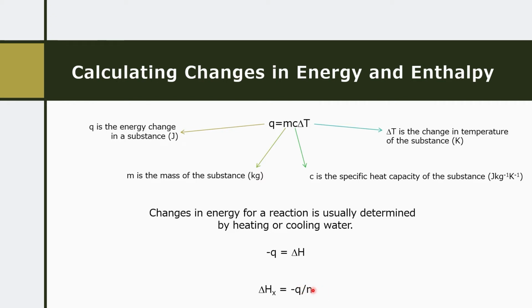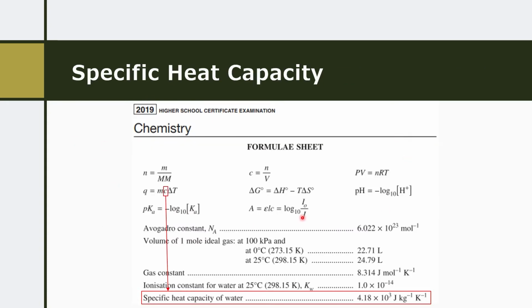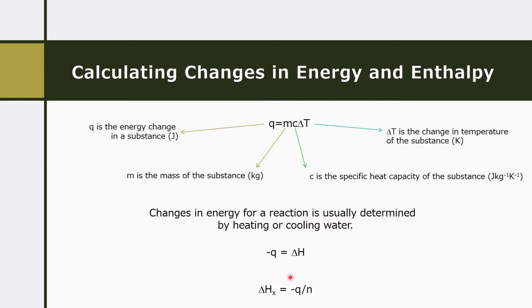I'll come back to n in a minute. This formula here is not a part of your data sheet. It is something that needs to be remembered. That when we're looking at, say, the energy being released or absorbed by the reaction, the absorbing or giving substance is going to experience the opposite energy change.